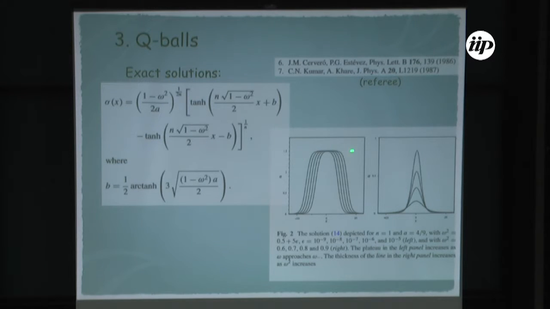You can make it flat here or not. The solution is kind of the composition of 2 kinks, a kink and an anti-kink, at B and minus B. B is this; you see that B depends on omega. This scenario is a little more complicated, but we can do analytical calculations here too.